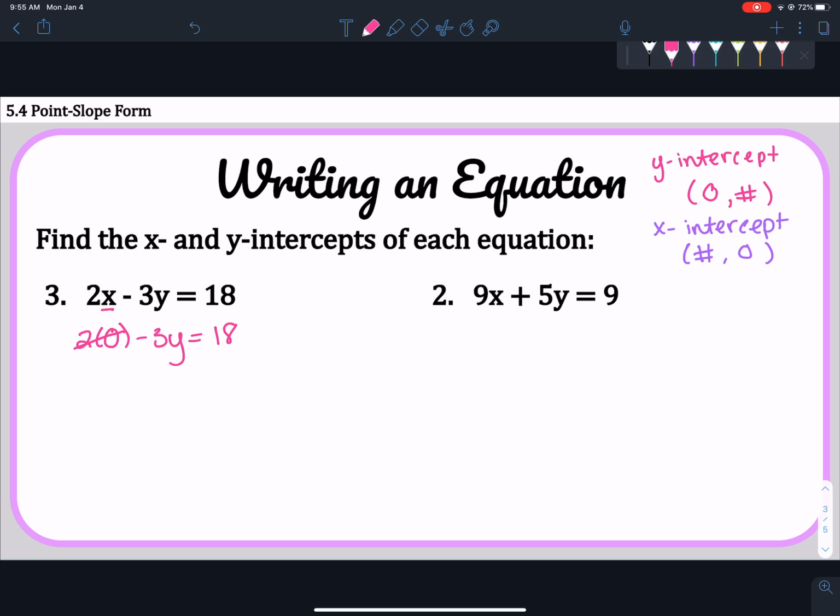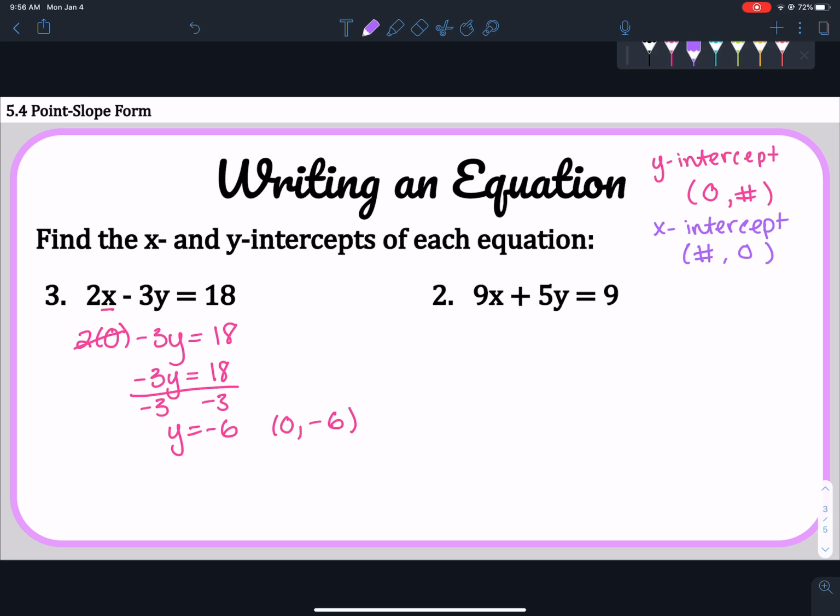So we end up getting the equation negative 3y is equal to 18. There's only one variable, so I divide by negative 3, and I get y is equal to negative 6. Remember, x was 0, and our y value is negative 6. That is the coordinate point for our y-intercept.